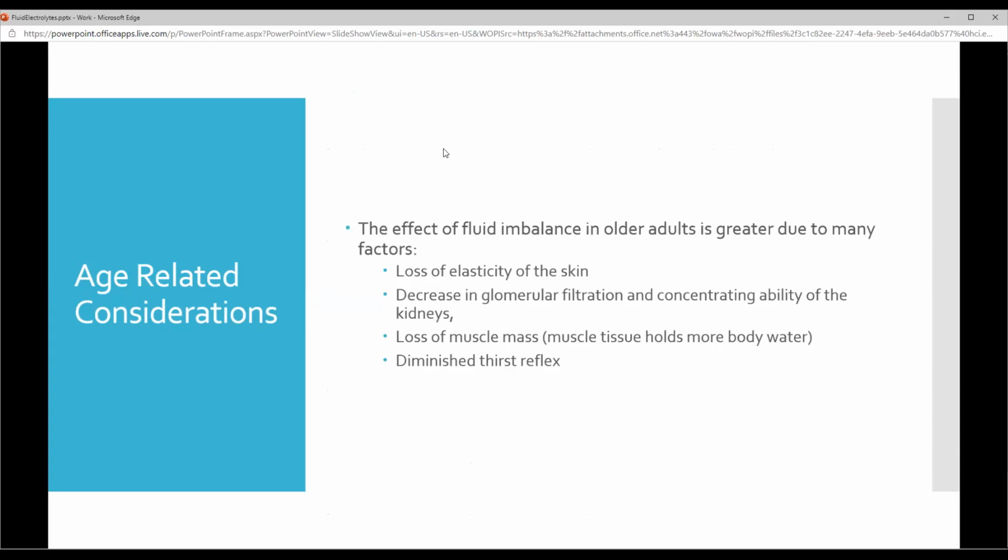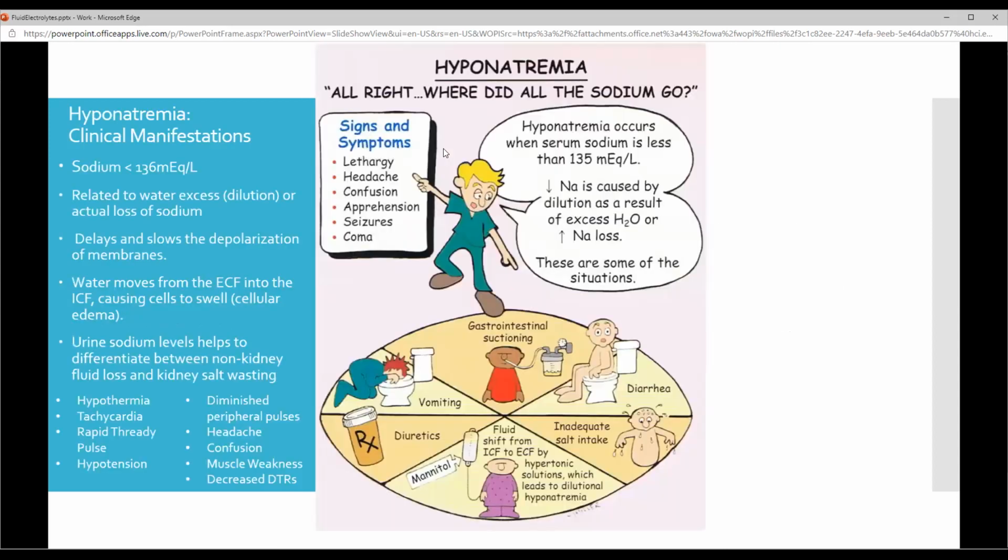If you're 80 years old, your kidneys are 80 years old. So everything's slowing down. They've lost muscle mass. Remember, most of the fluid lives in the intracellular space. Cells are what make up your tissues, muscles, everything. So when you've lost muscle mass, you've lost cells. And then they aren't so quick to get thirsty.